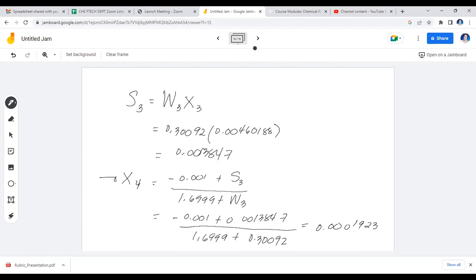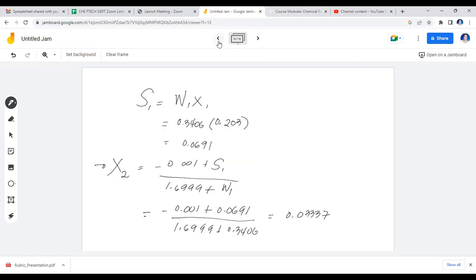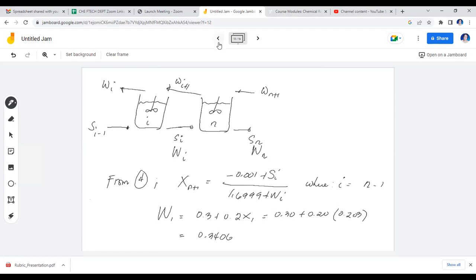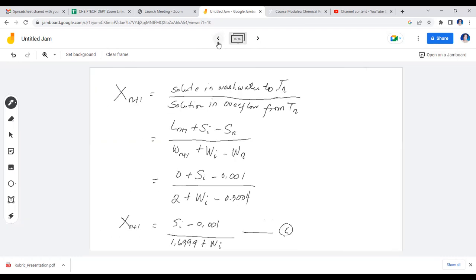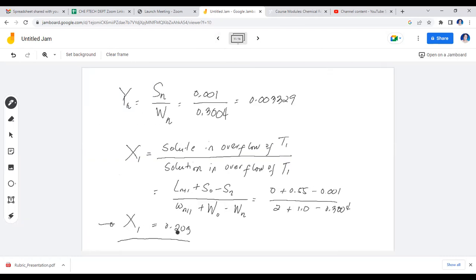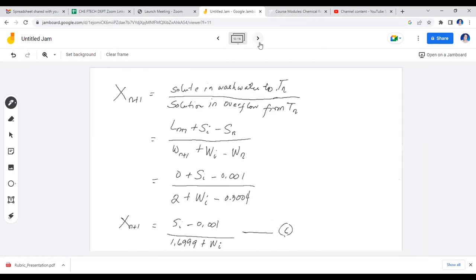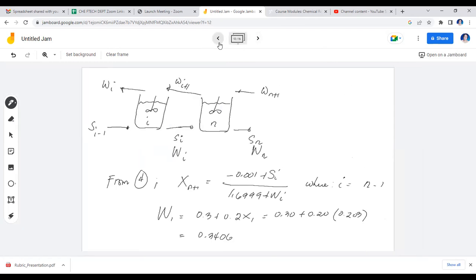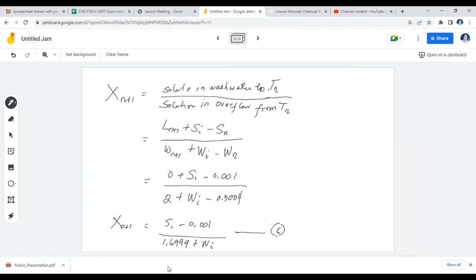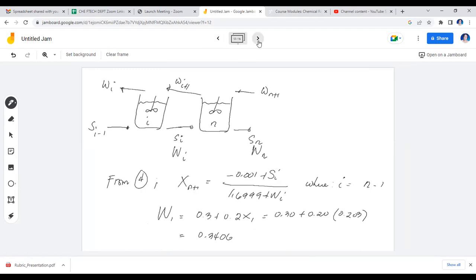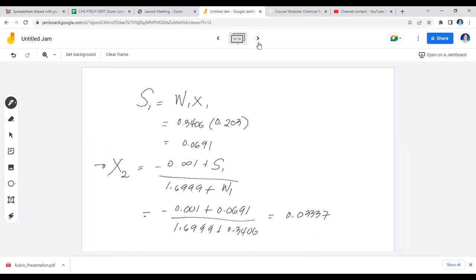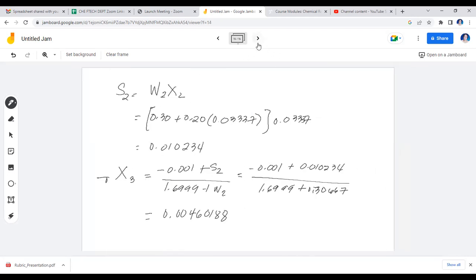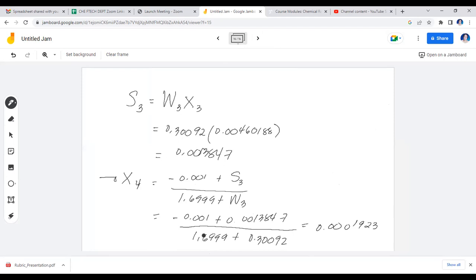You'll get an X4 value of 0.001923. Now, this process of you getting the X will only end. Initially we determined X1, which is 0.203. Then we determined the formula that will solve for the rest of the X. So we had X2, then X3, and this is the last one, X4.